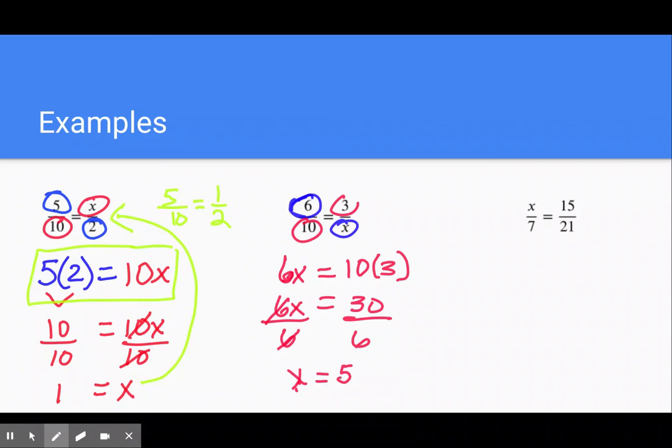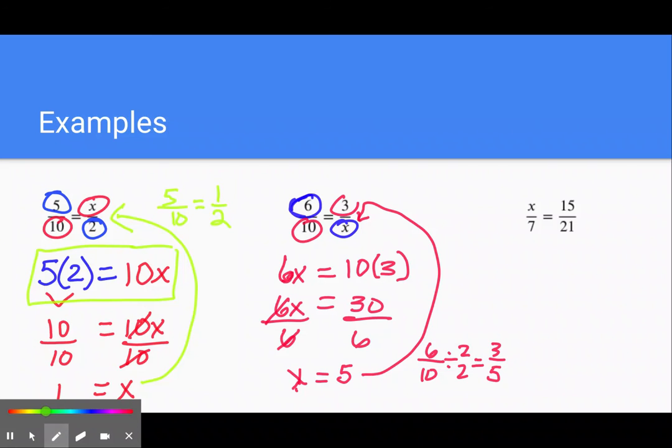X would equal 5. So that would be your solution for x. So if we really wanted to simplify 6 over 10 and we found a common factor, the common factor is 2. 6 divided by 2 is 3, and 10 divided by 2 is 5. So like I said, you guys have already been creating equal fractions forever.